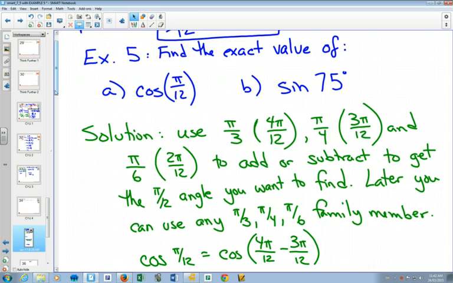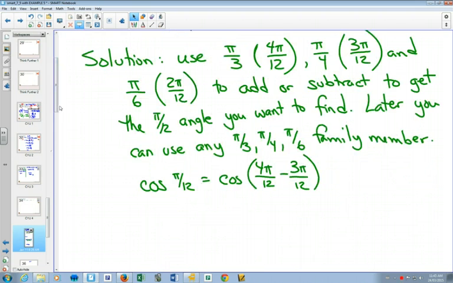So for example, with A, cos pi over 12, well, cos of pi over 12 is the same as cos of 4 pi over 12 minus 3 pi over 12.